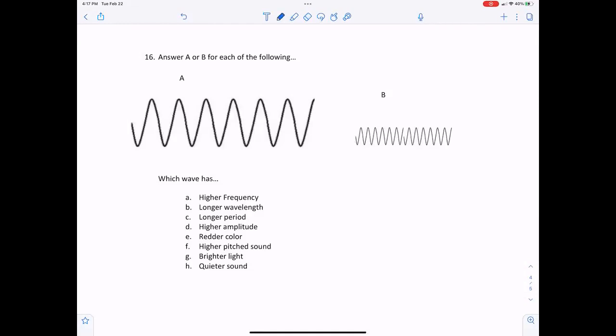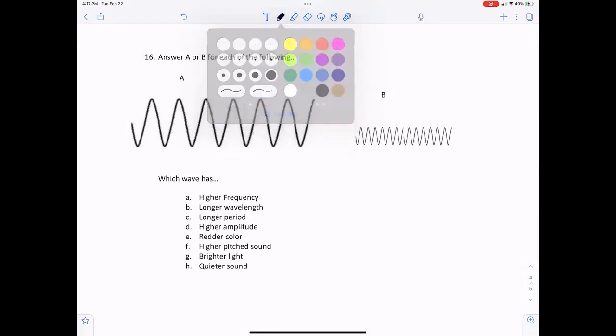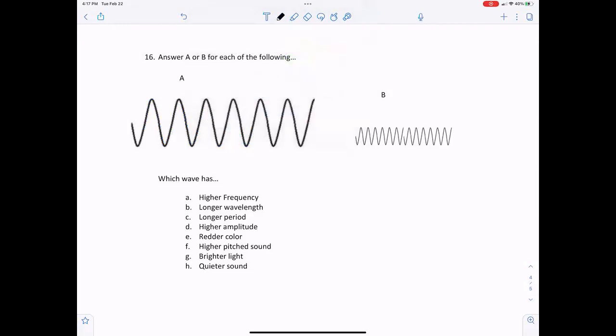Okay, so which one has the higher frequency? Again, the higher frequency is the one that repeats more often in the same amount of time. That would be wave B. Okay, which one has the longer wavelength?